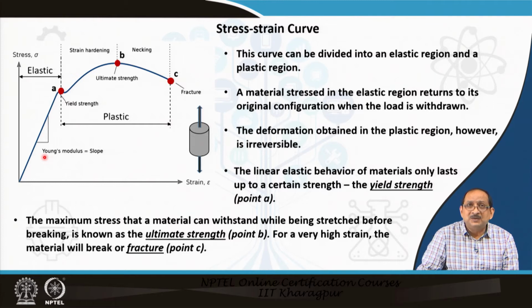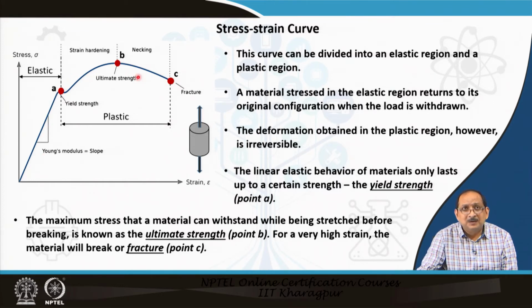The maximum stress that a material can withstand while being stretched before breaking is known as the ultimate strength, indicated by point B. For an even higher strain, the material will break or fracture at point C as indicated in the graph.